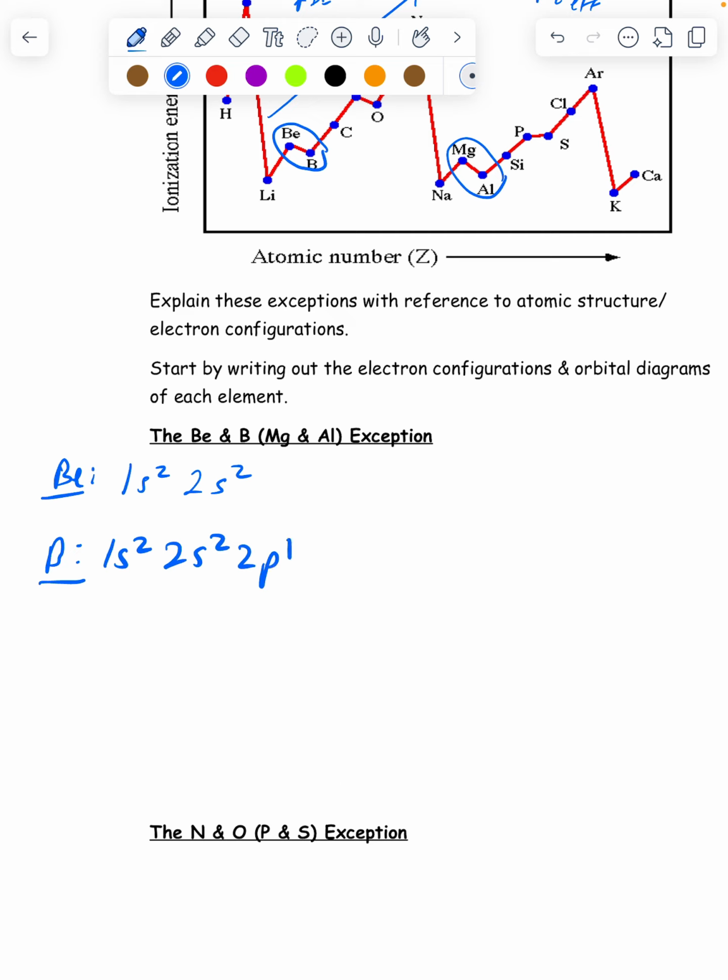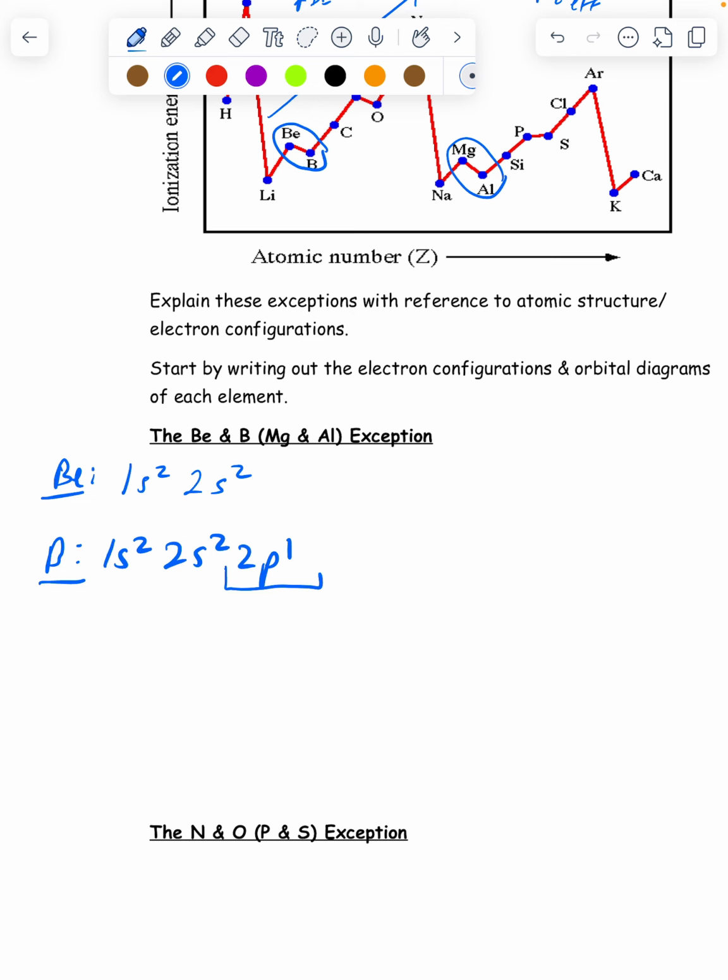So now that we're looking at specific energy sublevels, which is what the s and the p are in electron configuration, the thing that jumps out at me is that boron has an electron in the 2p sublevel and beryllium doesn't.